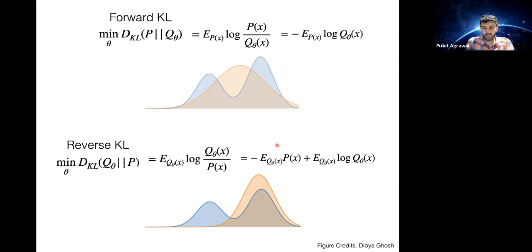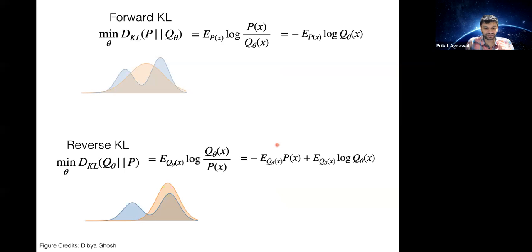Okay, so now why am I spending time on this? One reason will become clear, and that reason goes as follows. So consider this term on the top right, corresponding to forward KL. This term ends up being the expectation of log of q theta x.